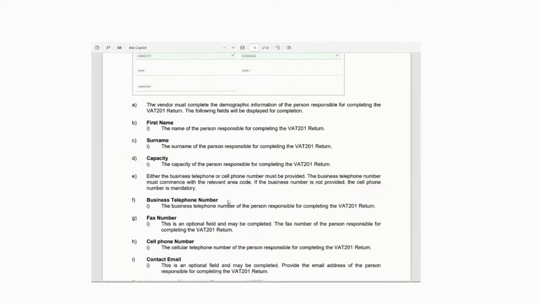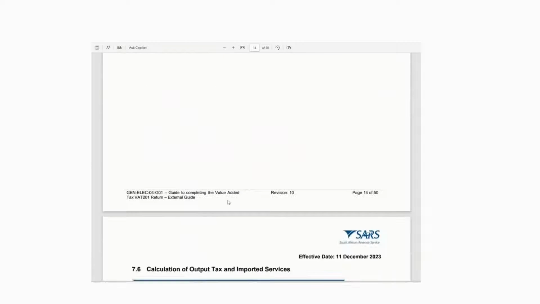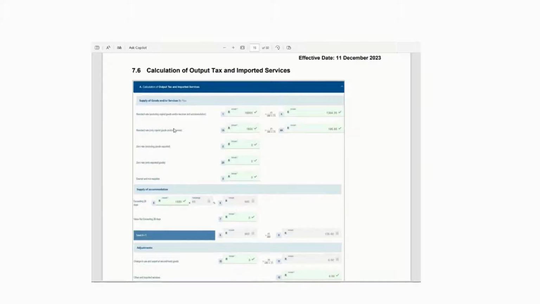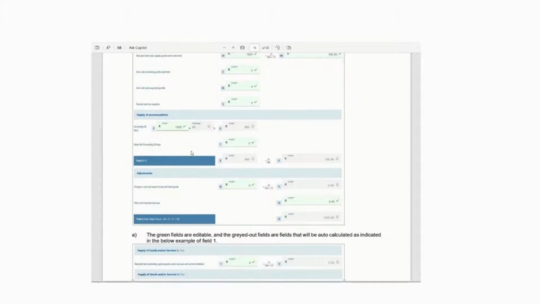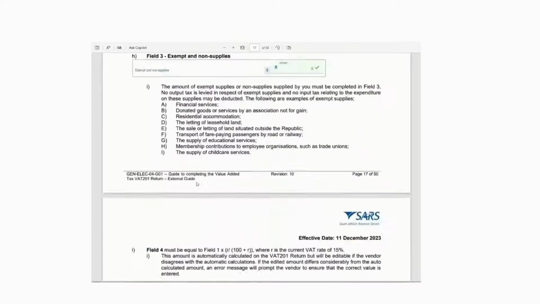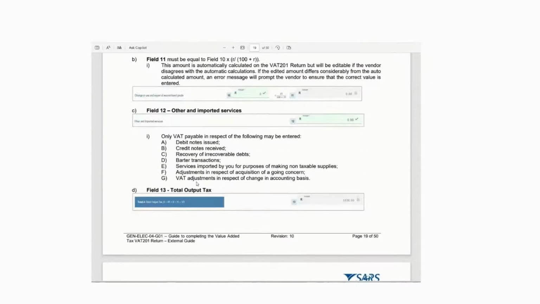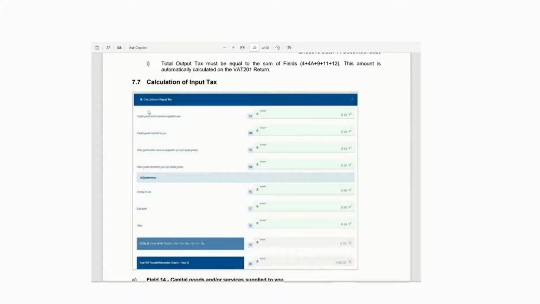So the basic information needs to be filled in, contact information, and this is what's important. This is your output, supply of goods or services by you, and then you have then the input tax, which is capital goods or services supplied to you.